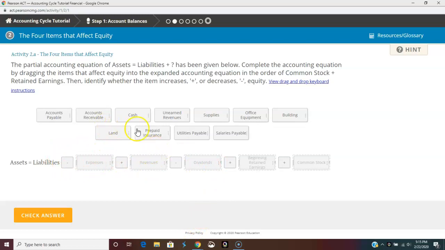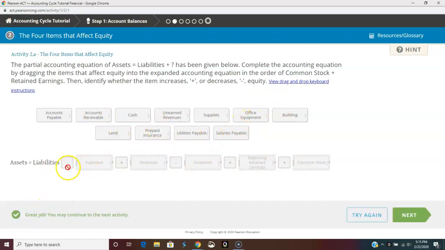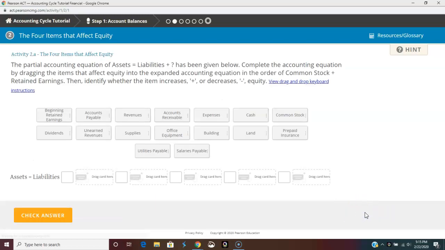I think because I already did this. Check the answer. Yeah, I had already done this one and I didn't clear it. So assets equal liabilities minus expenses plus revenues minus dividends plus beginning retained earnings plus common stock. I'm going to click try again so that it'll let me fill it in.